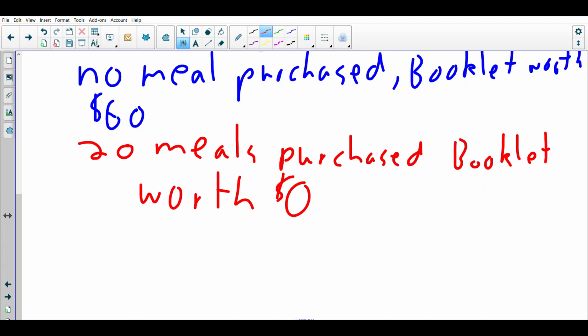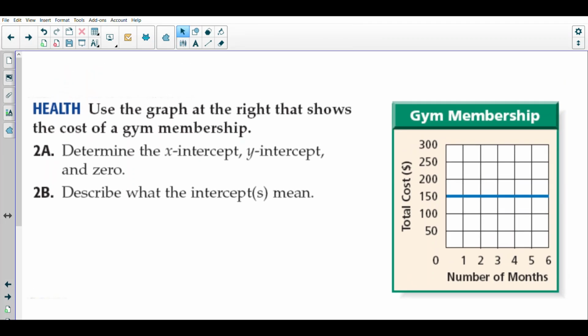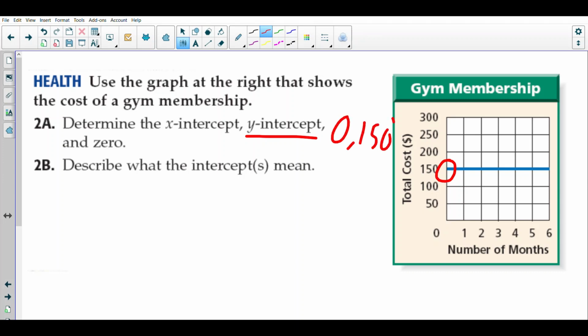All right. Okay, so use the graph at the right that shows the cost of the gym membership. So in this one, if we look at it, it's just a horizontal line. So we can see that the y-intercept is right there, at (0, 150). But there is no x-intercept.